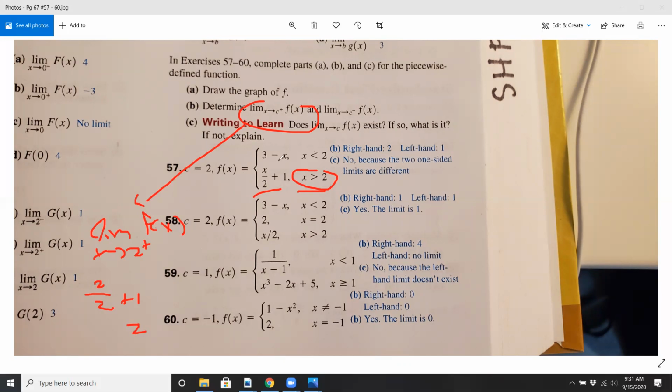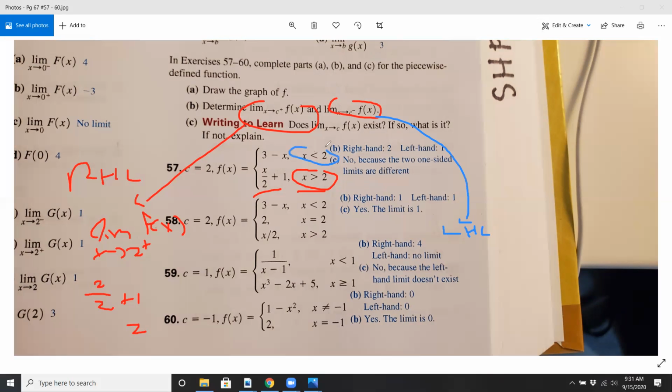For your LHL, so this is the RHL. For your LHL, which I'll do in blue, obviously you can focus on this part.